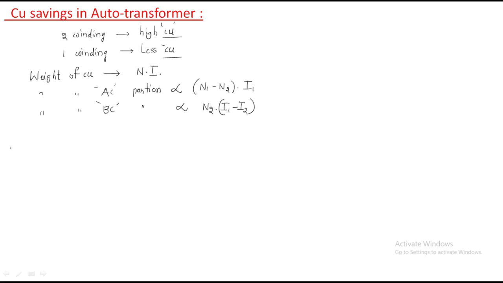So the total weight, by using this, we can write simply: N1 minus N2 into I1 plus N2 into I1 minus I2.